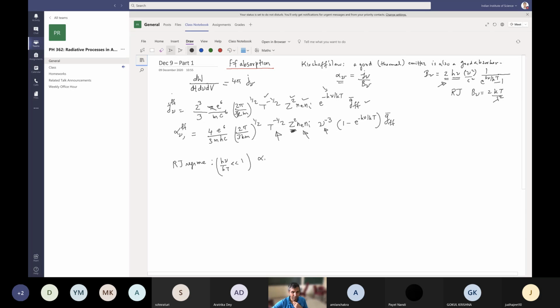In that regime, alpha nu Rayleigh-Jeans free is proportional to T to the minus a half Z squared n_e n_I. So when h nu by kT is small, this becomes h nu by kT, and so this becomes nu to the minus 2.